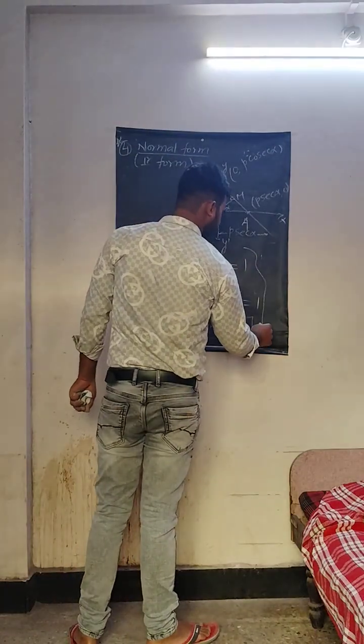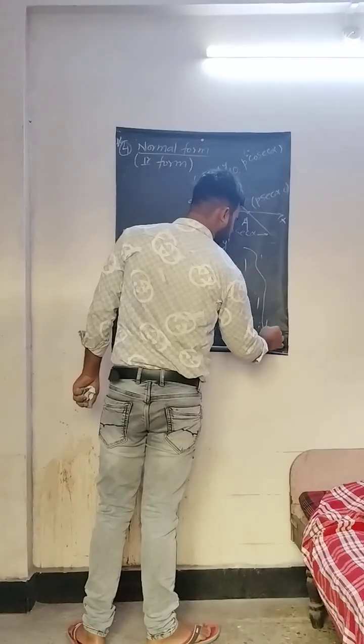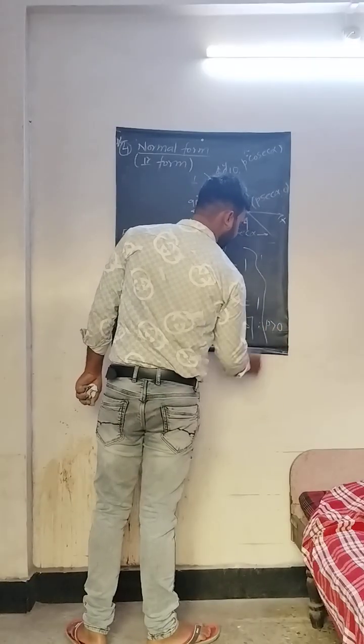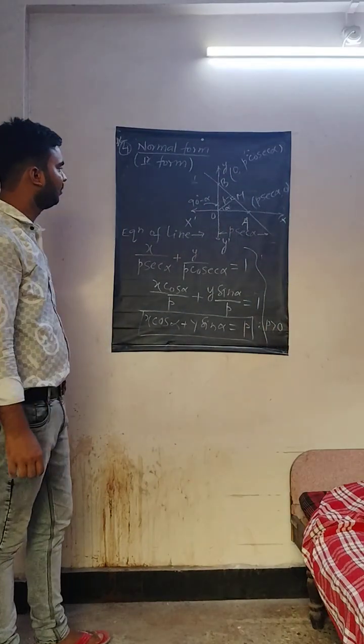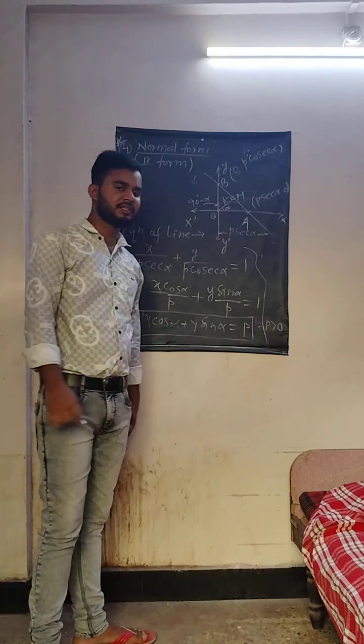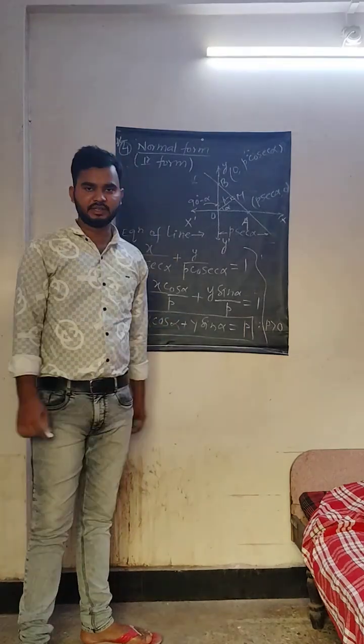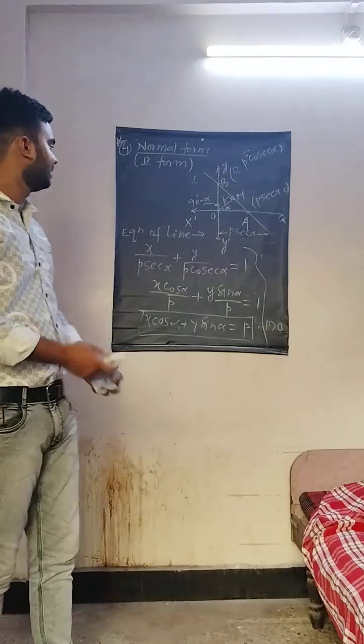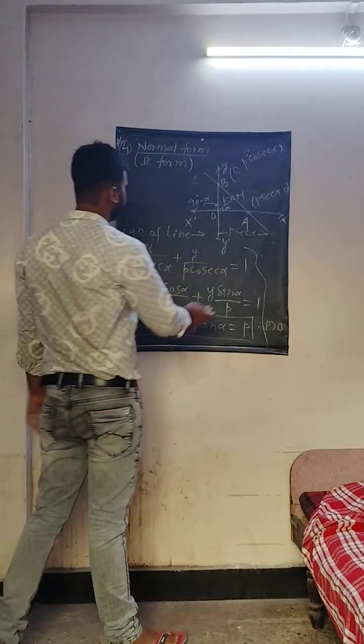Here P is always positive. P is the perpendicular length from origin and alpha is the angle made by OM line and OA line. Okay? Erase it.